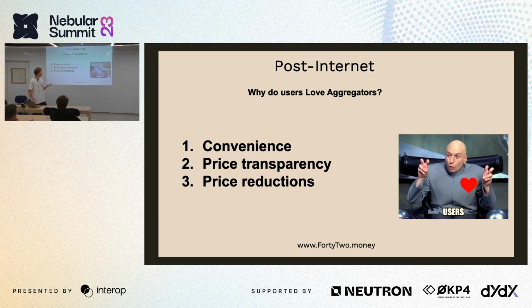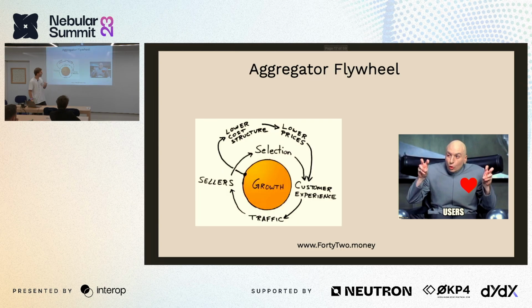So now users get cheaper prices, they can see everyone's prices, and it's very convenient. It creates a flywheel whereby this attracts the users, and then more suppliers come on. And what we've seen is that if there are multiple aggregators, the one that wins out in the end is the one that focuses on UX and customer experience.